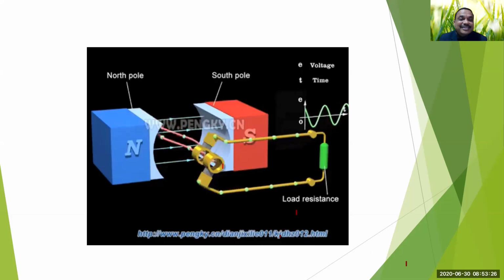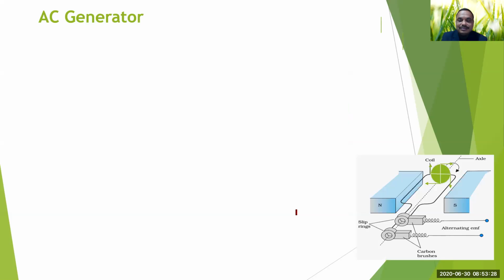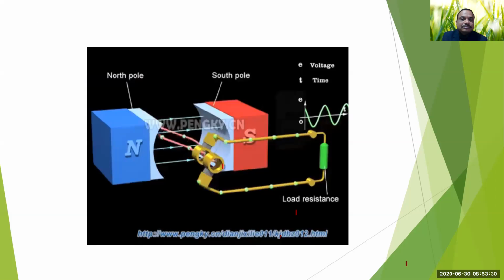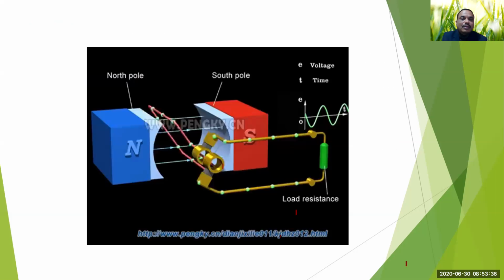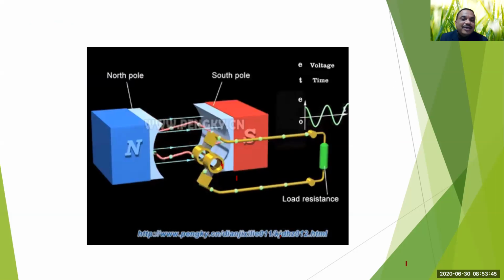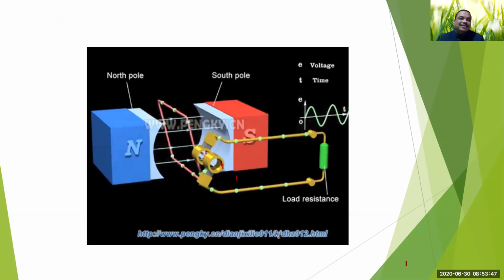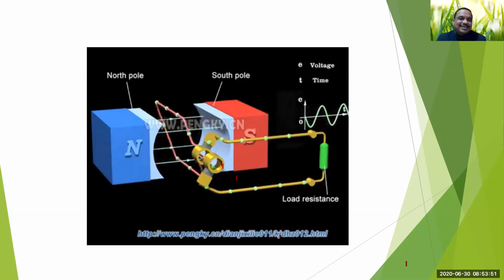You see in this animated figure, as the coil rotates, the magnetic flux changes due to the change in theta.